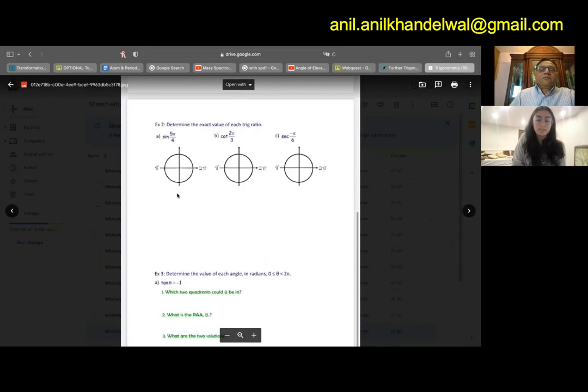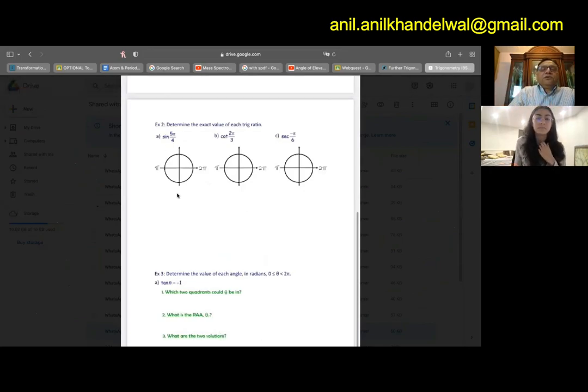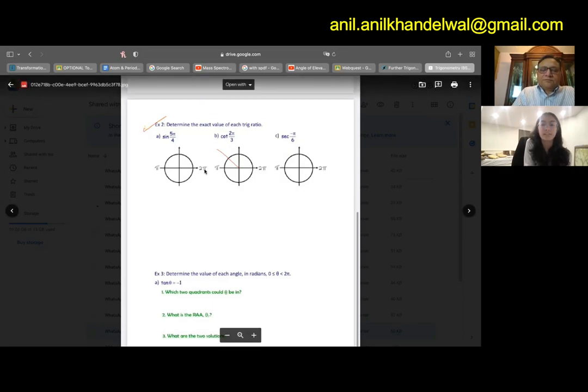Now tell me, can you read example 2 and answer? Okay, so cot means that it's 1 over tan theta. And so this is saying 2 pi over 3. And so basically we know that 3 pi over 3 is your pi on this side.